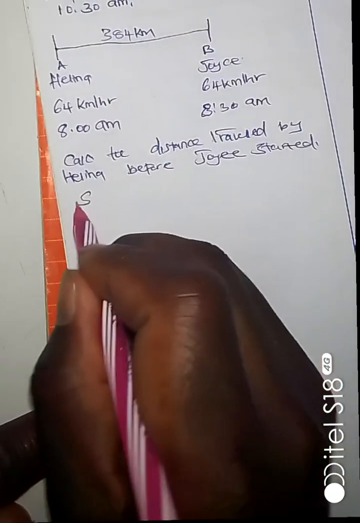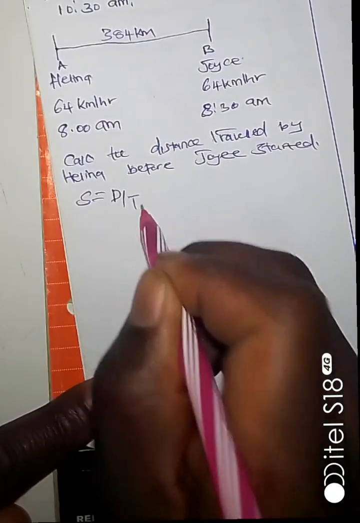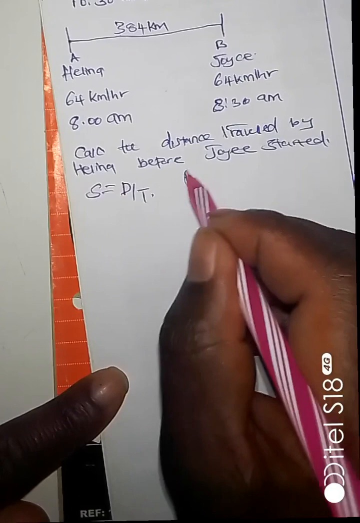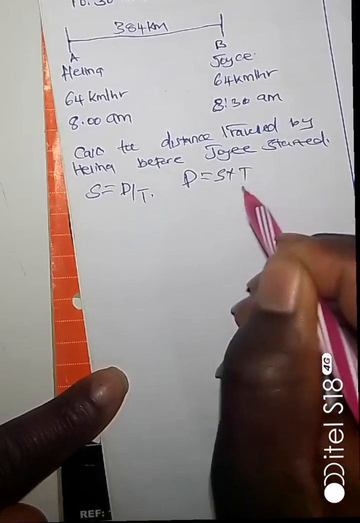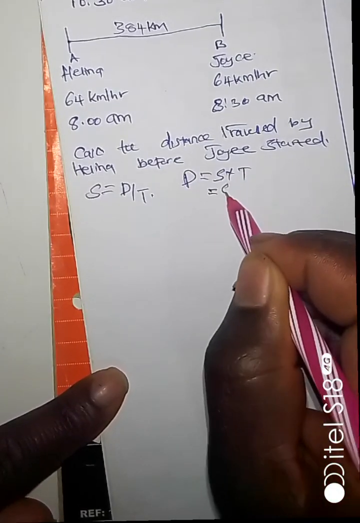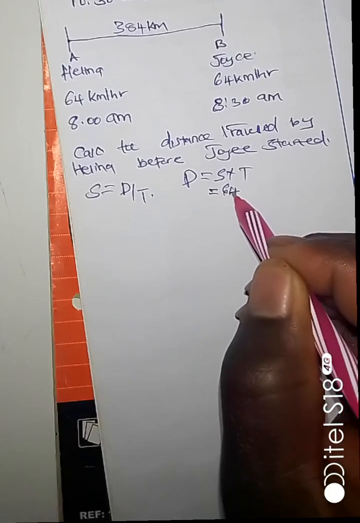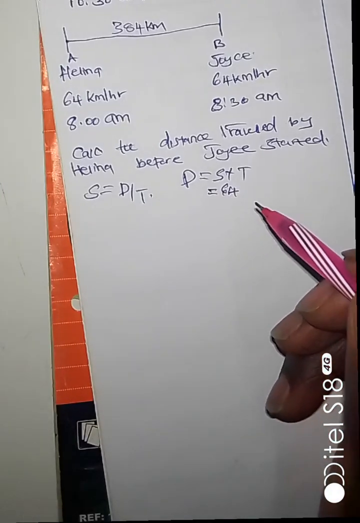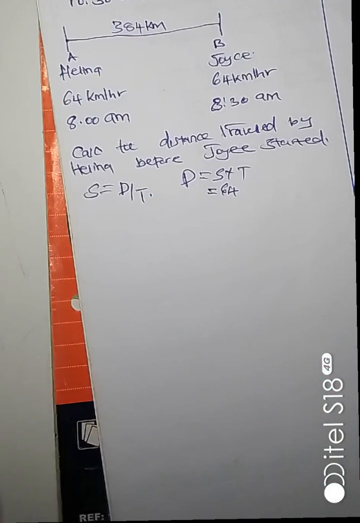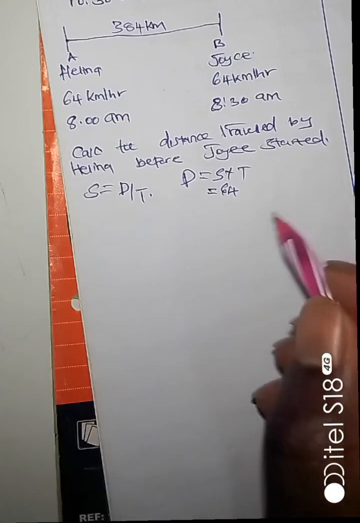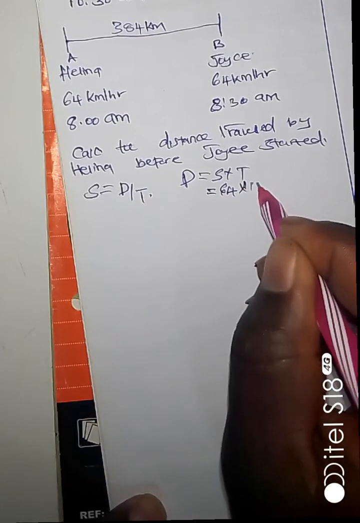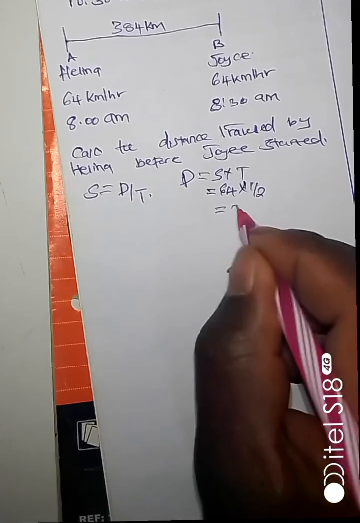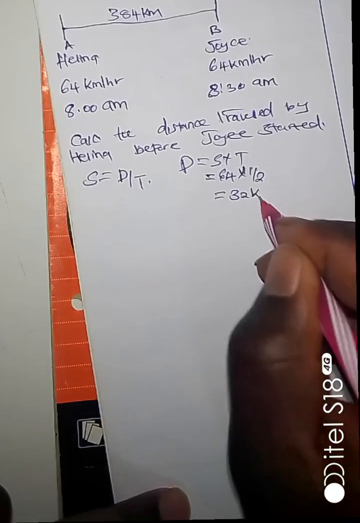Now here distance will be speed times time, which is the speed of Helena, 64, and the time traveled before Joyce started was 30 minutes. That is times a half, which is 32 kilometers.